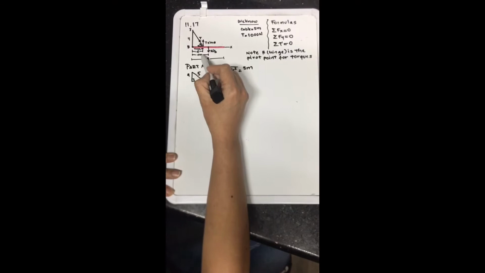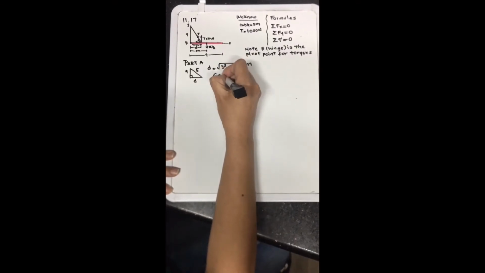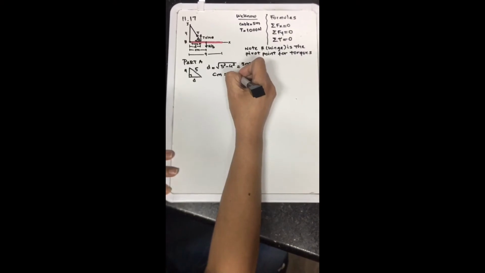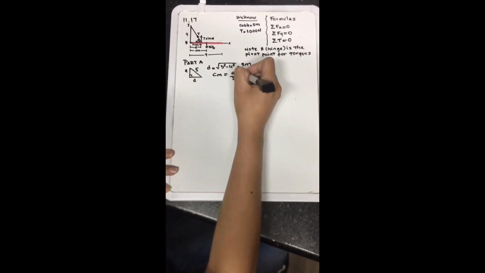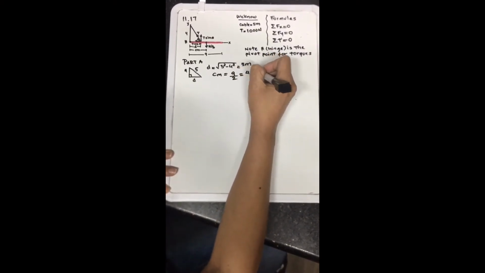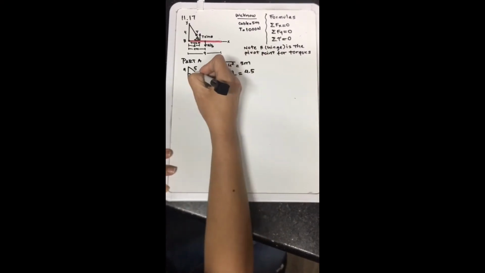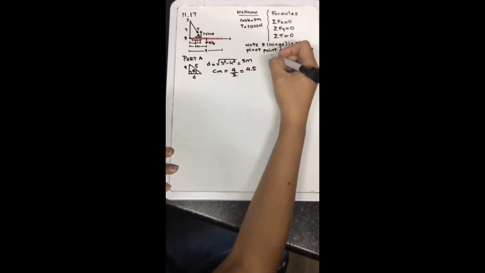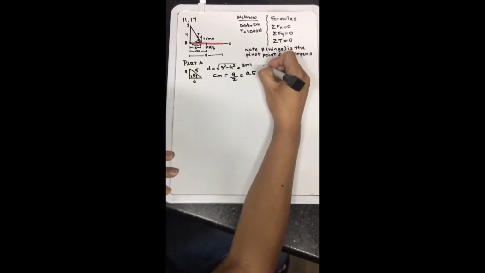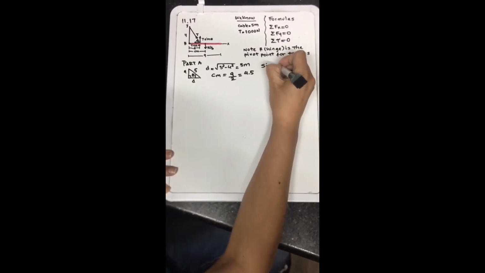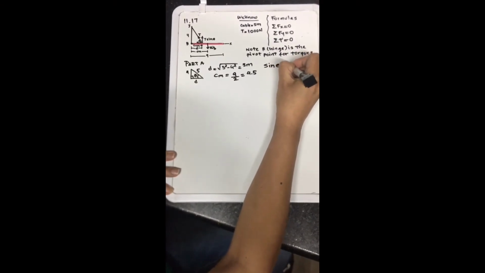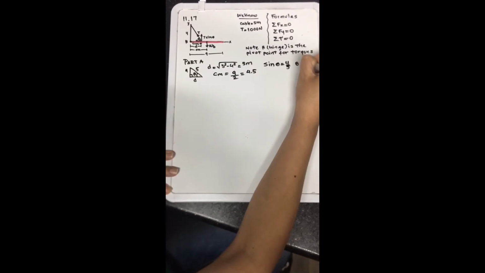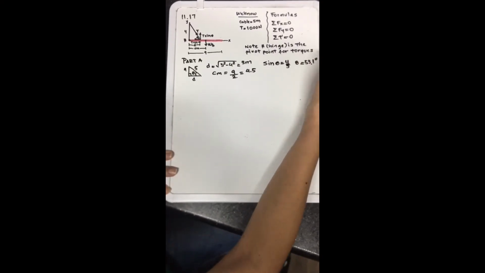The distance over here, the center of mass, is equal to the whole 9 meters of the beam divided by 2, which is 4.5. The other thing we have to find is the angle made by the tension and the beam, which we find with sine of theta equal to 4/5, which gives us theta equals 53.1 degrees.